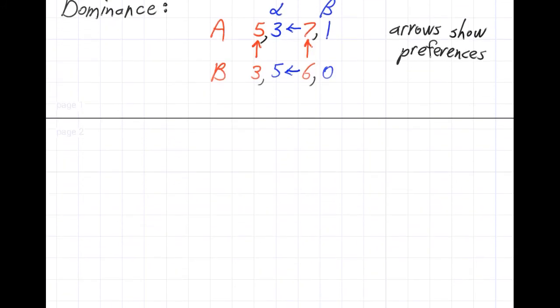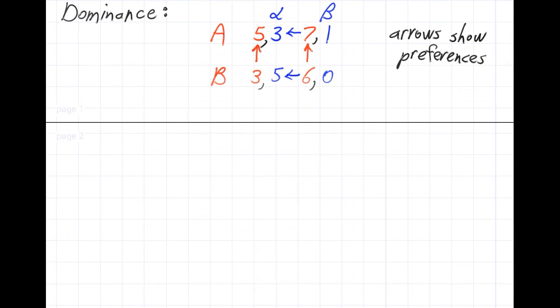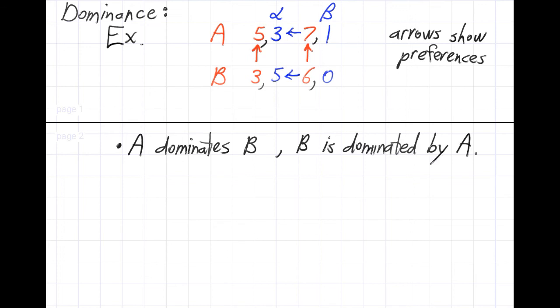And that brings us to our definition of dominance. In this example, that should make it clear here. In this example, we say that A dominates B, or conversely, we can say that B is dominated by A. And likewise, for the column player, we see that alpha, in this case, dominates beta, or equivalently, beta is dominated by alpha.